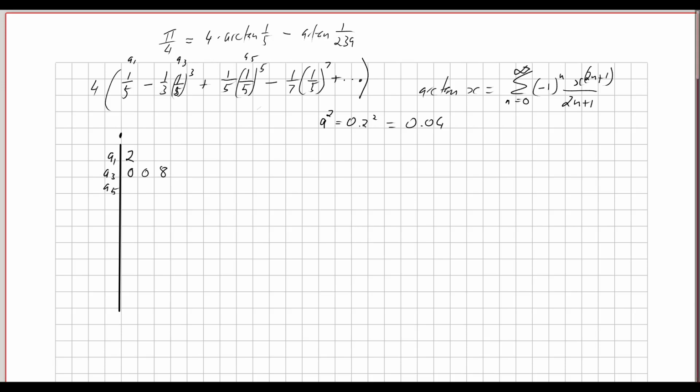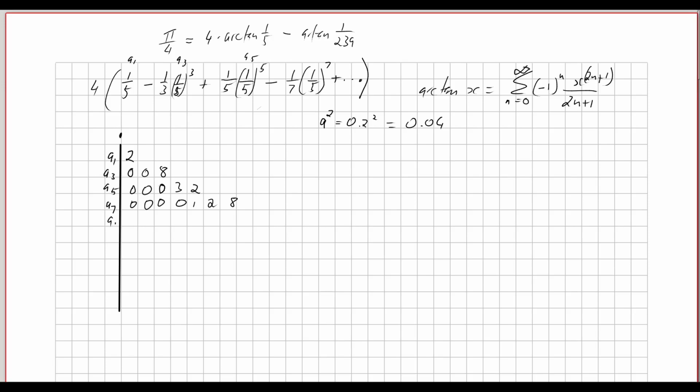Similarly for A5, it'll be 8 times 4, and that will be equal to 32. So you've got 2 places there plus the 3 here, so 0.0032. And for A7, we do that again, and that will be 32 times 4, which is equal to 128, so 0.000128.